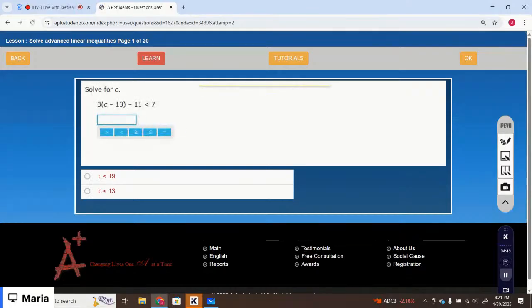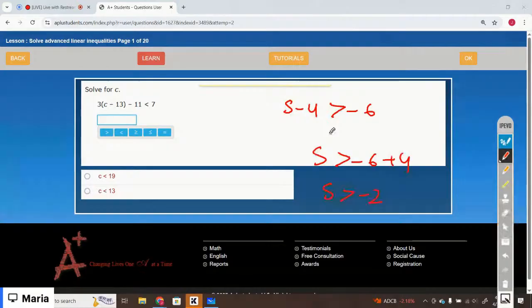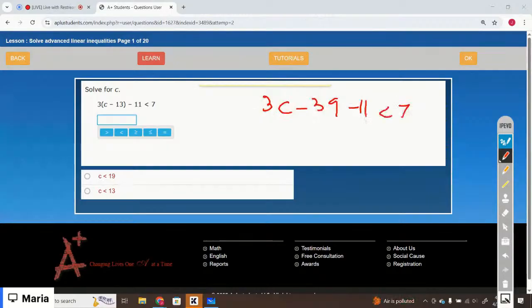3 times c minus 11 is less than 7. That is 3c minus 33 minus 11 is less than 7.